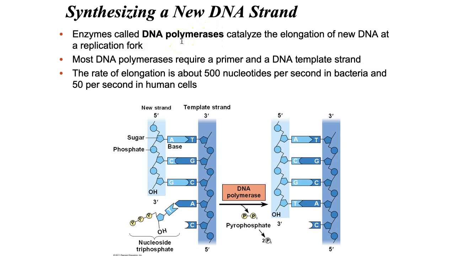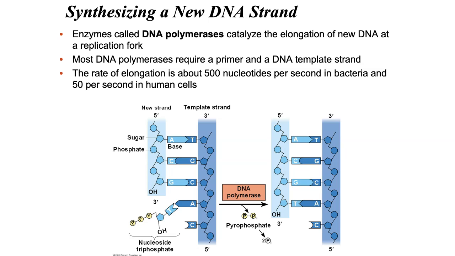So DNA polymerase. There are actually a few different types of DNA polymerase. We're going to see DNA polymerase 1 and 3. There's a DNA polymerase 2. There's a few different ones in prokaryotes versus eukaryotes. Just as a little heads up, if you're going into microbiome or in your future courses, pay attention to which DNA polymerase we're talking about.